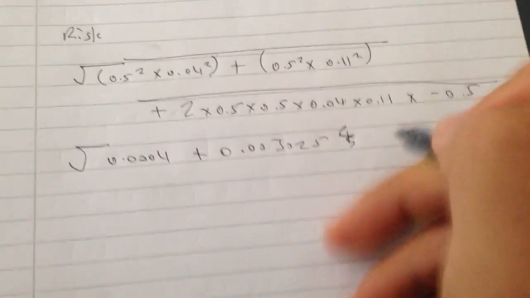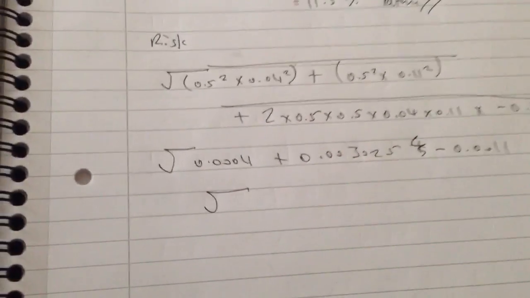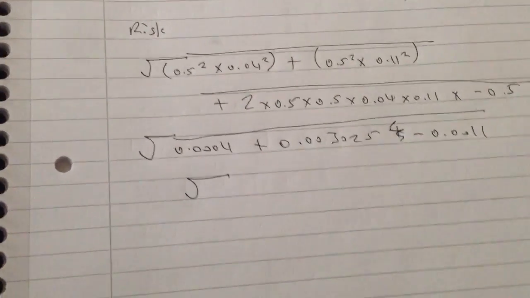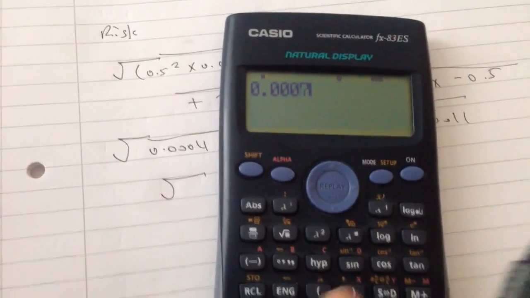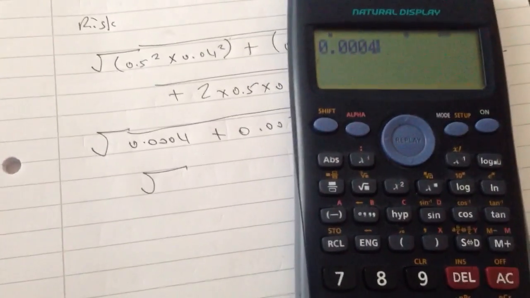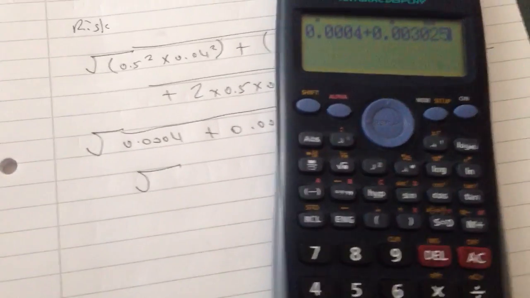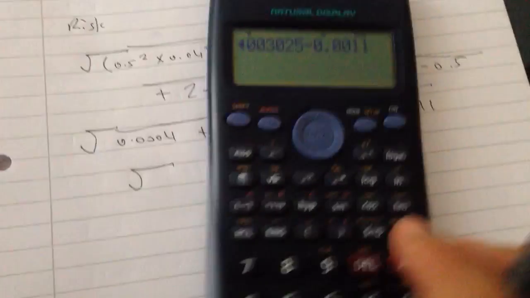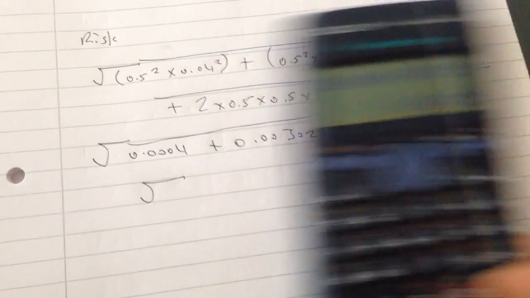So we're not adding, it's minus 0.0011. So we're square rooting 0.0004 plus 0.003025 minus 0.0011, which equals 0.002325.